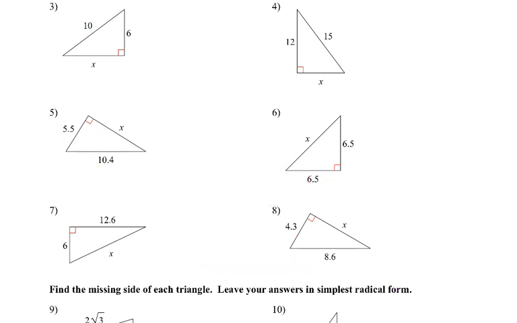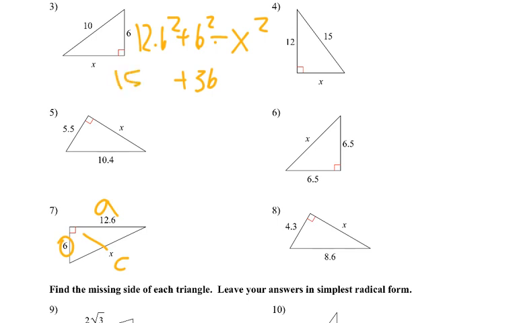Alright, let's take a look at 7. 7 has our hypotenuse as x, so we'd go x squared equals, call that a, 12.6 squared plus b, 6 squared. 6 squared I know is 36. 12.6 squared is 158.76.